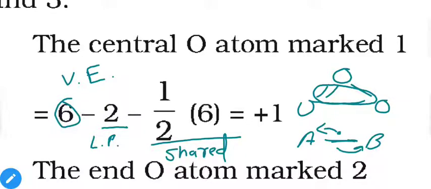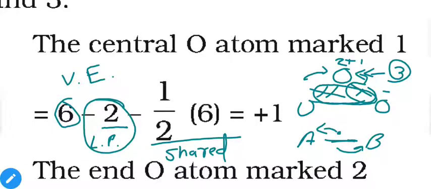In the double bond we have 4 electrons, so 2 belong to our main atom, and in the single bond 1 belongs to the main atom. So from shared electrons, our first oxygen gets 3 electrons. From unshared electrons, it gets 2 electrons. So our answer is 5. This is the difference between the free state and the molecular or ionic state.